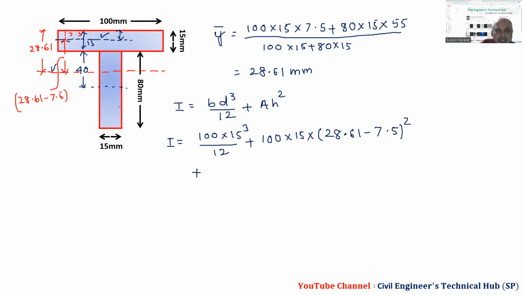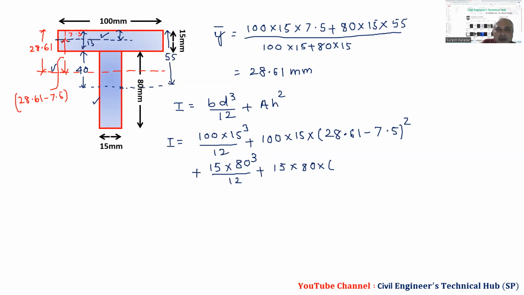Now we have another second part which will be this. B we have 15. B is always the horizontal distance. D we have the vertical distance. 15 into 80 cube by 12 plus we have 15 into 80. This will be area. And now H, we have this individual, we have from top, we have measured this as 55.